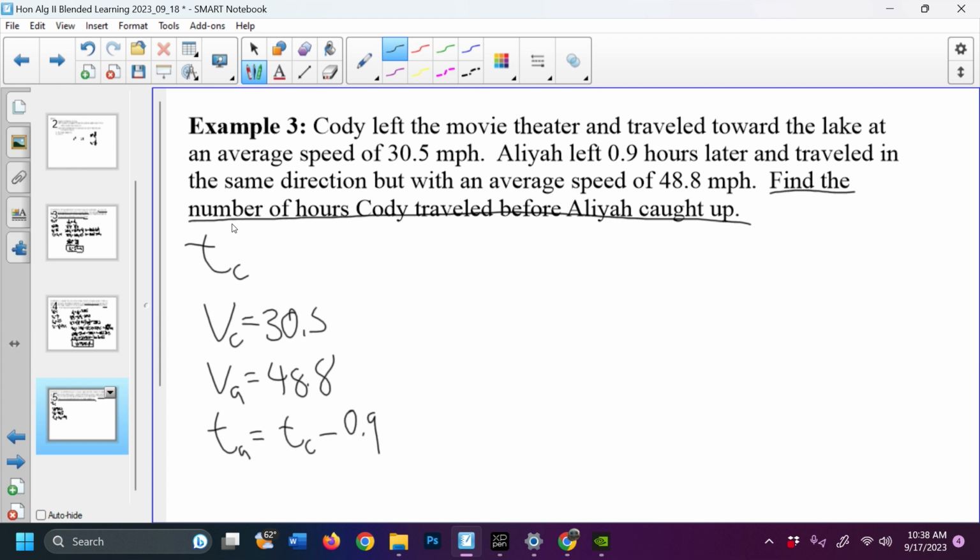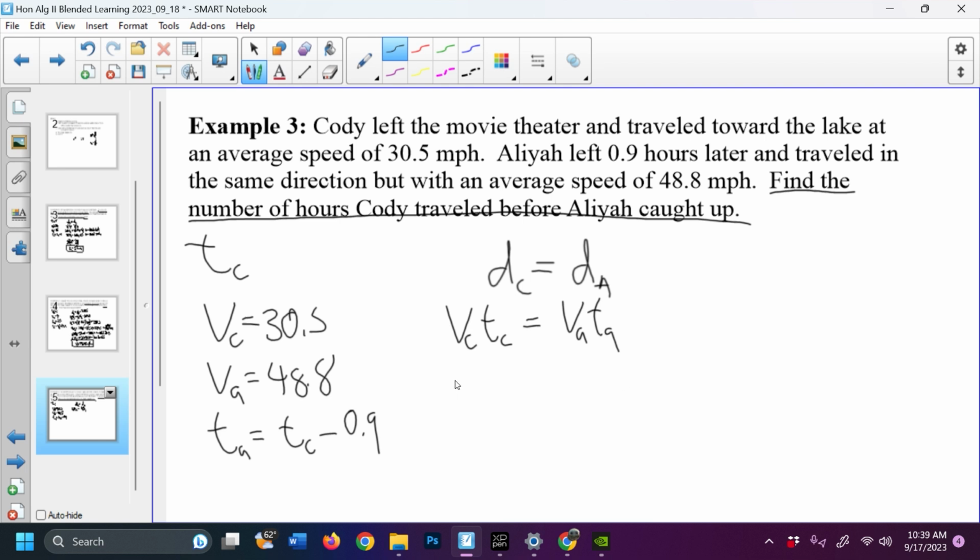And since they're asking how long it takes to catch up, the distance that Cody traveled is the same as the distance that Aaliyah traveled. And so what we'll do is the velocity that Cody traveled times the time that Cody traveled is equal to the velocity that Aaliyah traveled times the time that Aaliyah traveled.